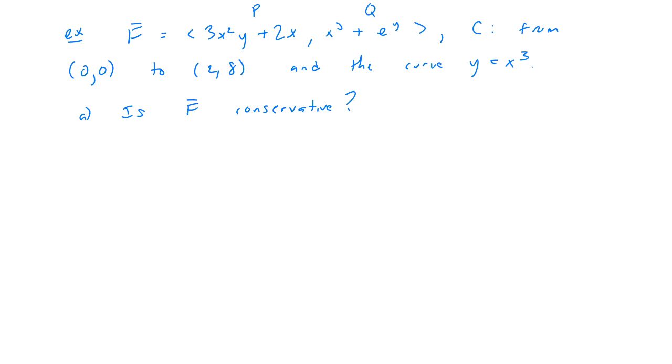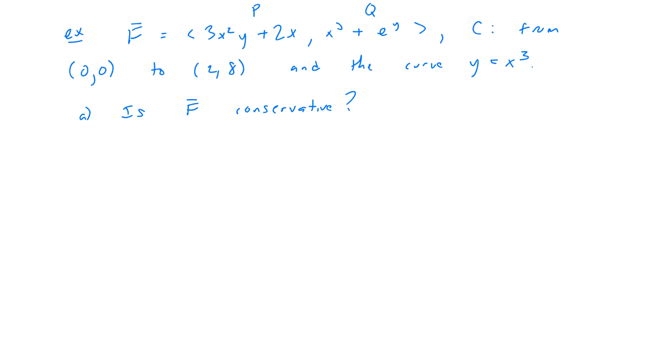And so at the end of yesterday, we got a quick way of checking. How can I check to see if this is conservative? What do I need? Right, so I need the derivative of the first one with respect to y.